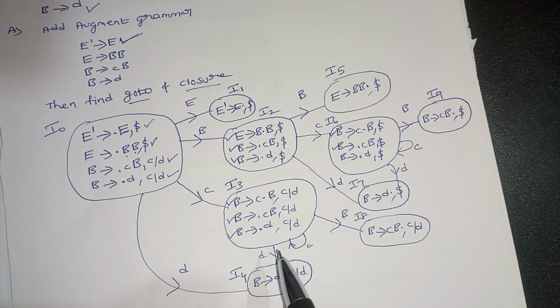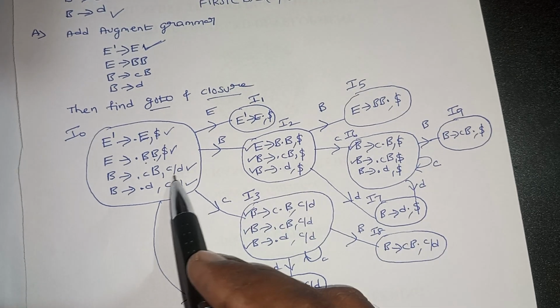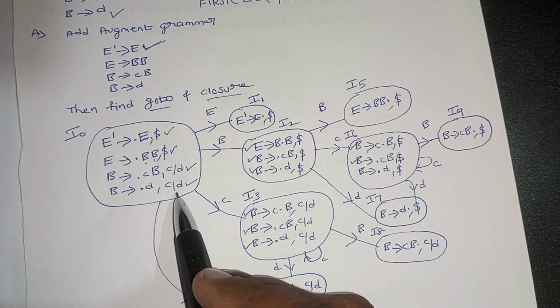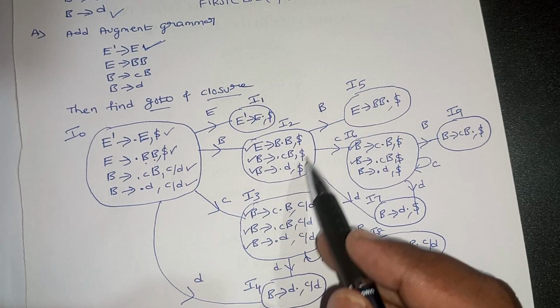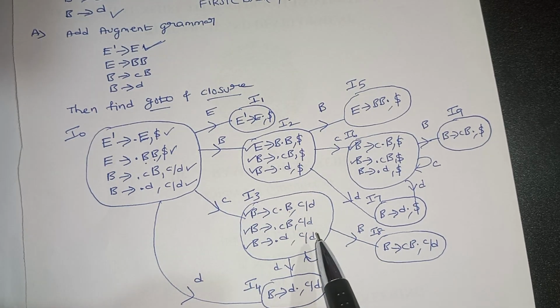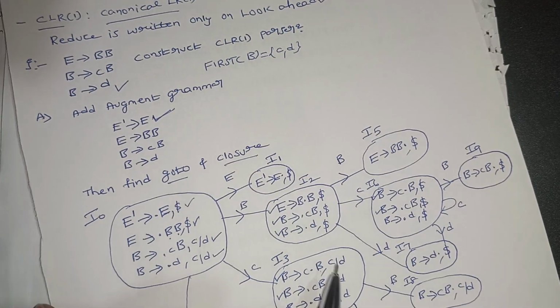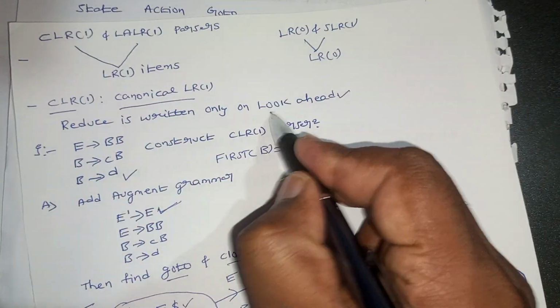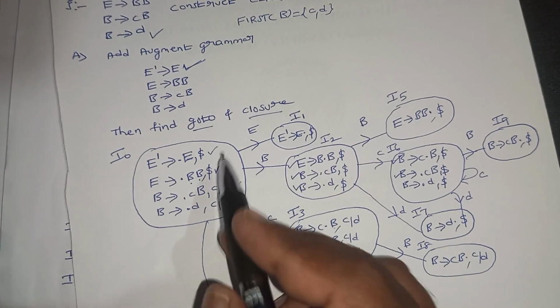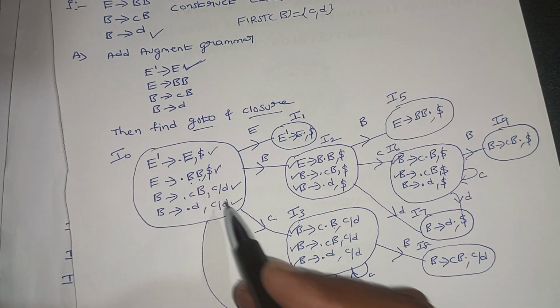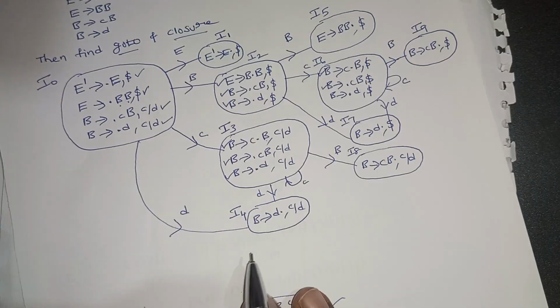Now what are the lookahead symbols? This is the lookahead symbol, this is the lookahead symbol. That is the only difference compared to SLR(1) and LR(0). The lookahead symbols are dollar, dollar, c by d, c by d.